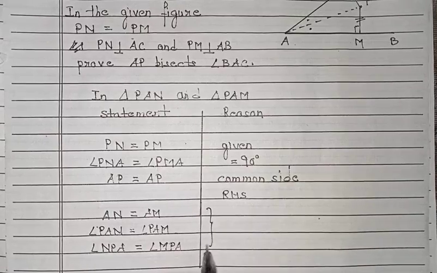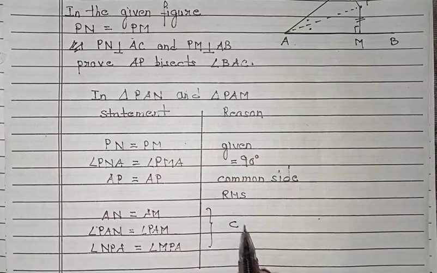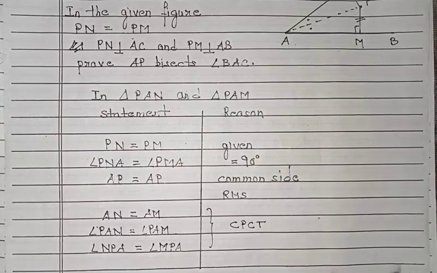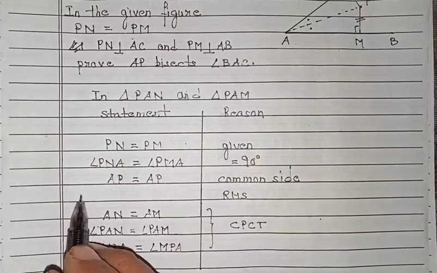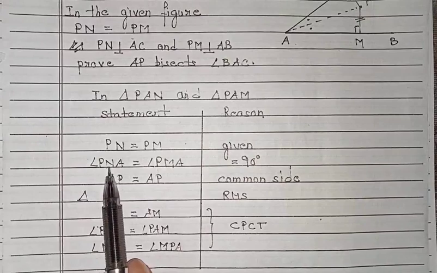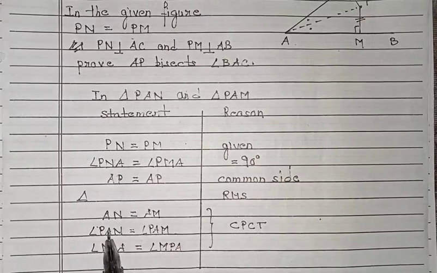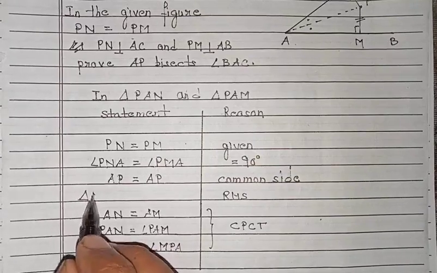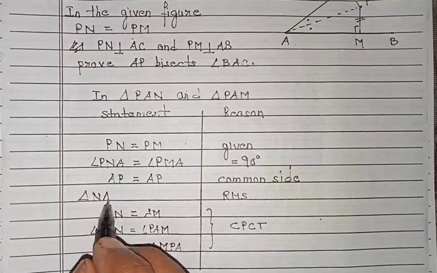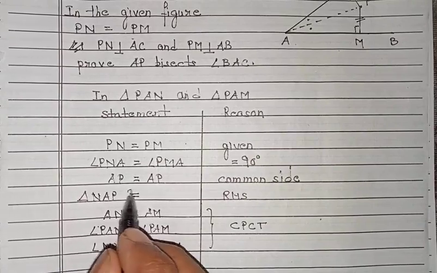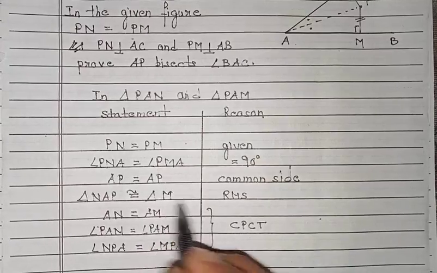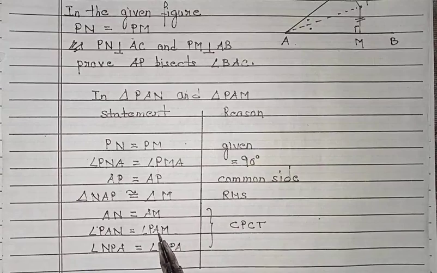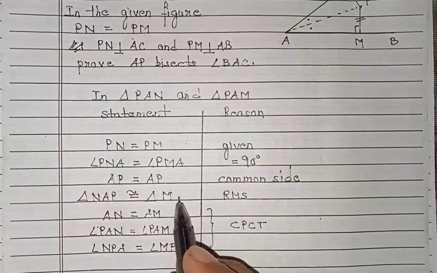So these three corresponding parts have been shown equal by CPCT. Now writing the name of the two triangles in the sequence order. So we have vertex N, then we have vertex AP. So we can say triangle NAP is congruent to triangle MAP. We have M, then we have A, then we have P, MAP.